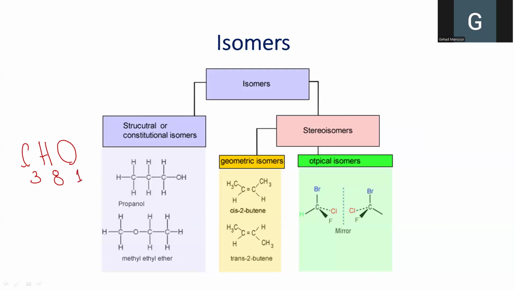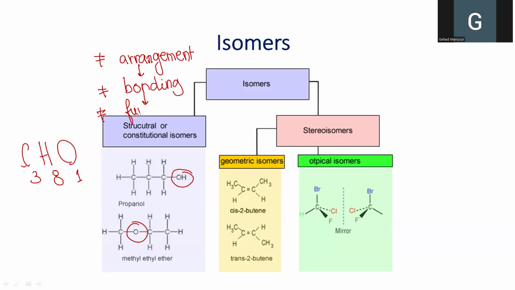The only difference between the two is the arrangement in space, the structural formula. This different arrangement resulted in different bonding, and the different bonding resulted in different functional groups. So again, in structural isomerism, let's draw our flow chart: a different arrangement of the atoms results in different bondings, and this different bonding results in different functional groups.